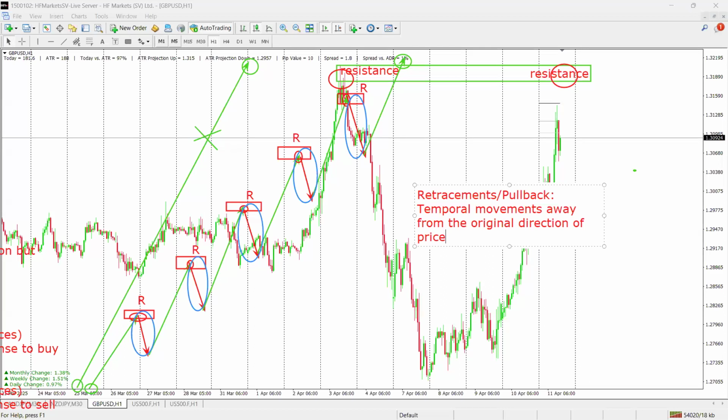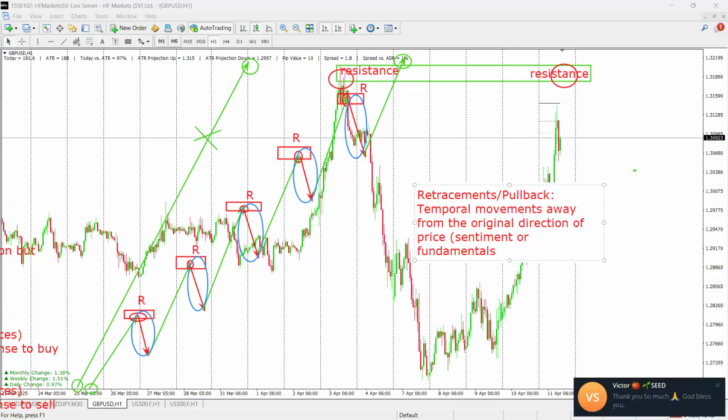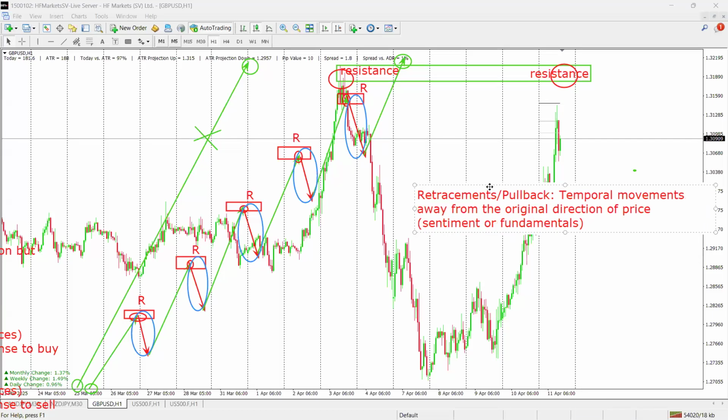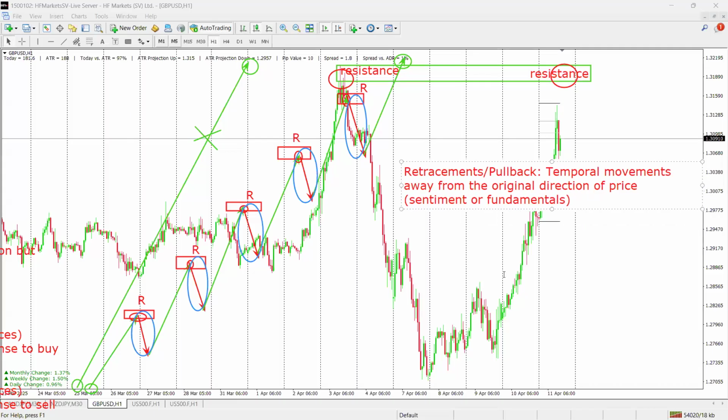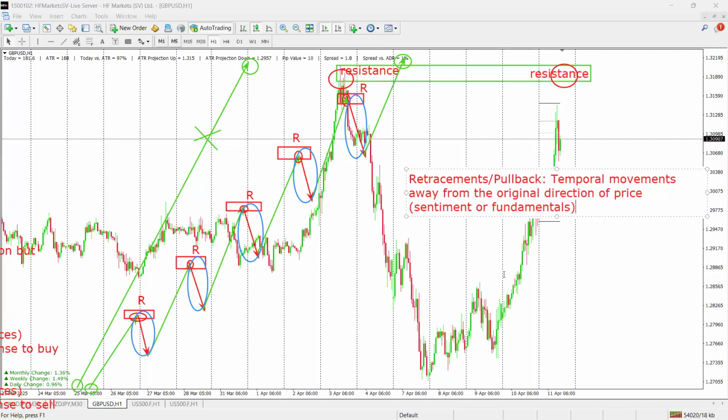Now, the original direction of price is determined by, once again, sentiment or fundamentals, majorly. So retracements are every one of those blue points, because eventually the market knows this price is going up.